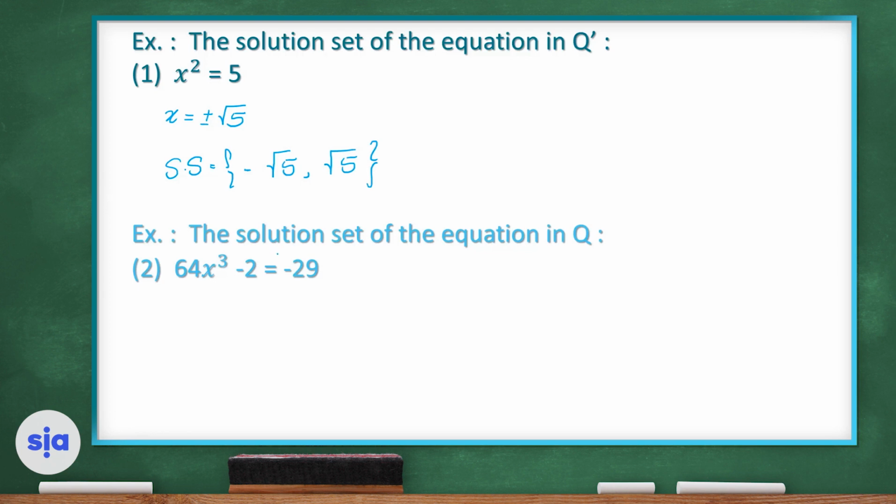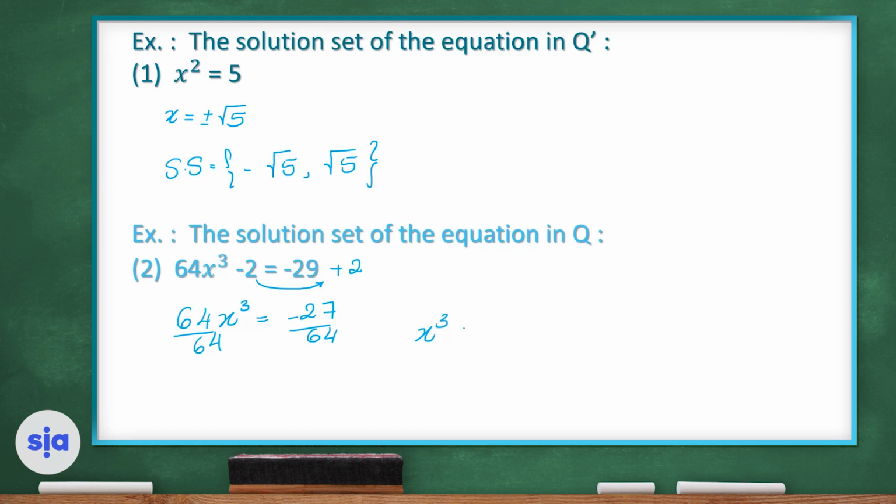Example 2. The solution set of the equation in real numbers. If we have 64x cubed minus 2 equals negative 29, then to solve this one, we're going to move the 2 to the other side. So it's 64x cubed equals negative 27, divided by 64.